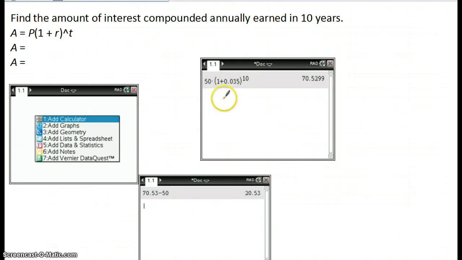This is going to give me a 1.4-something number, but once you multiply it, it does it according to PEMDAS, so it's going to add these two, that's going to give us 1.035, and then the calculator is going to raise it to the 10th power, and then it's going to multiply it times 50.